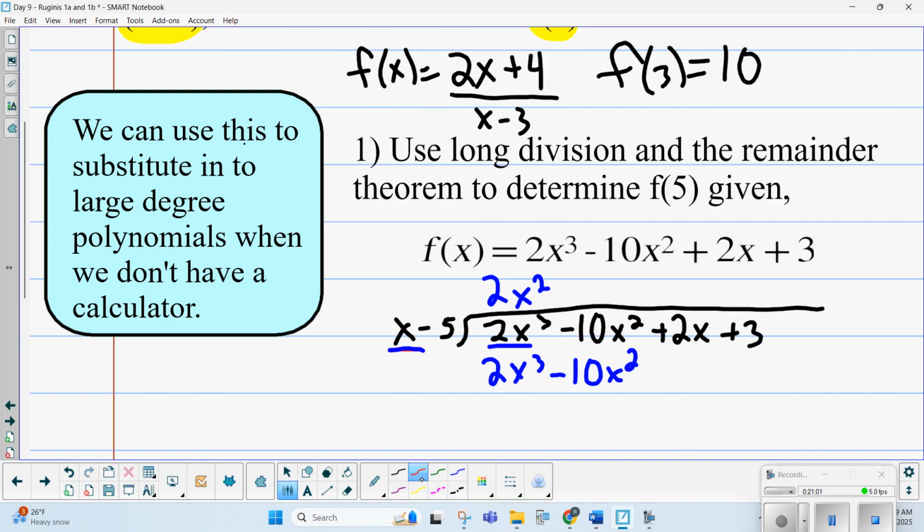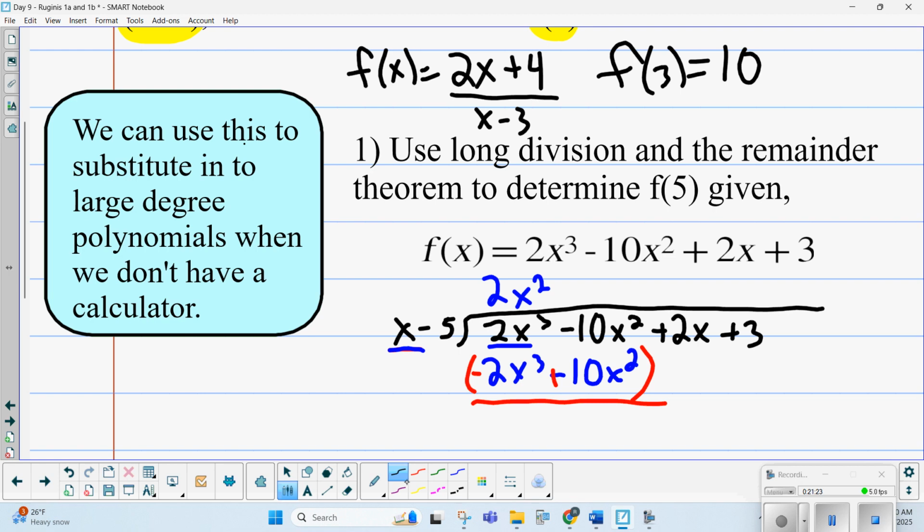All right, let's subtract. So we'll distribute that negative, and then we'll combine. So let's see, 2x cubed and negative 2x cubed cancel. Oh, and negative 10x squared and 10x squared cancel. So in this case, both those cancel out.